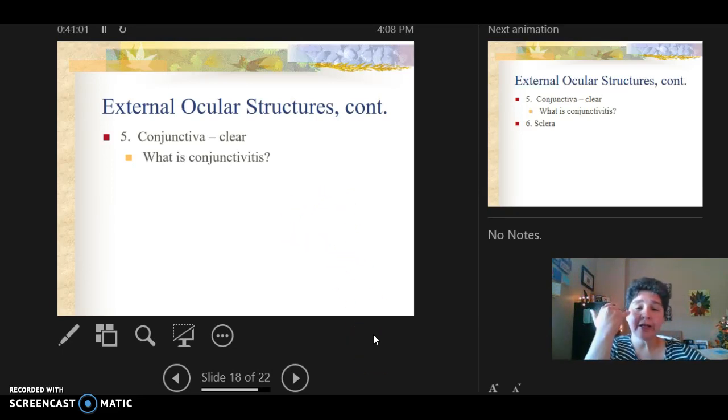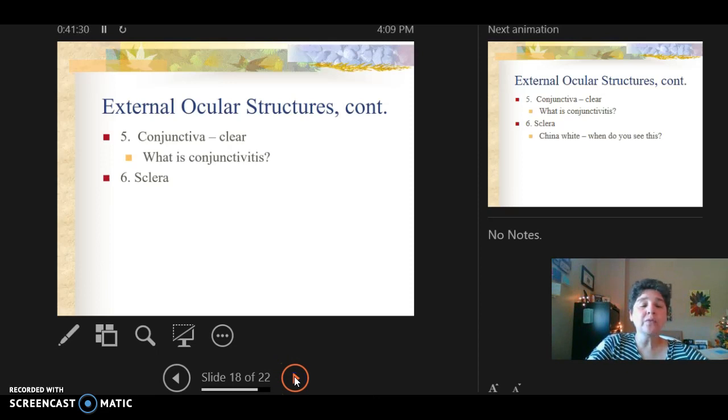But what actually happens is the structures underneath that clear will inflame, so the pink mucous membrane of the lower eyelid, or the eyelid itself, will take on that red-pink look, and you can get some bloodshot eyes as well, and that is conjunctivitis. So it's an inflammation of the conjunctiva, and again, also known as pink eye.